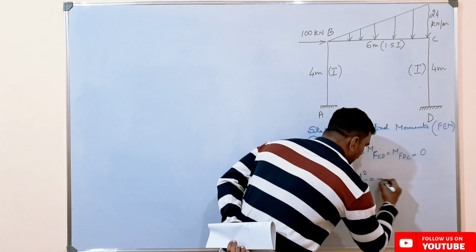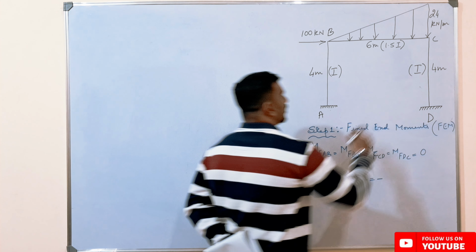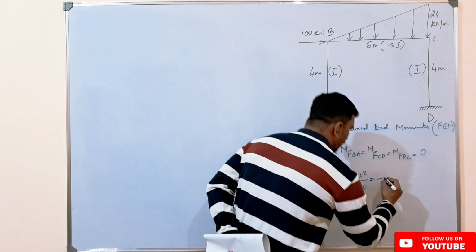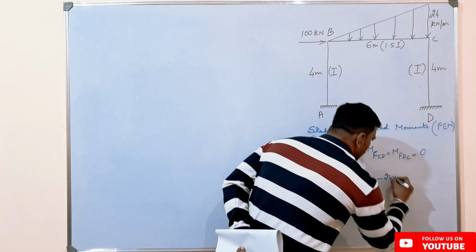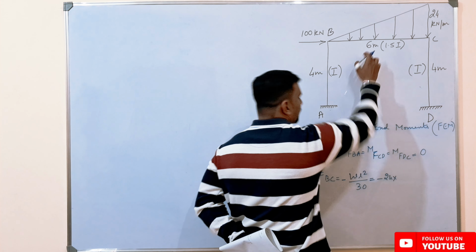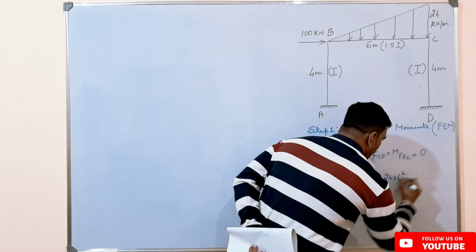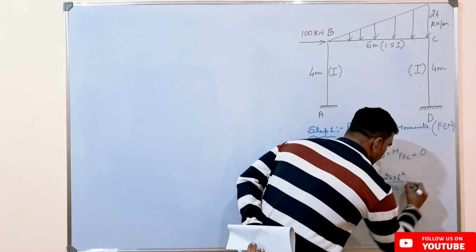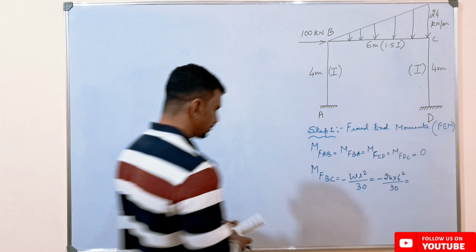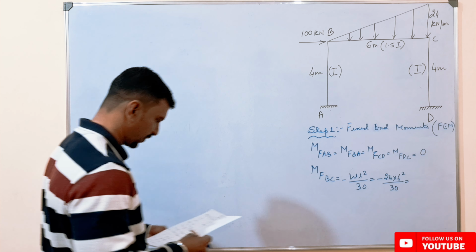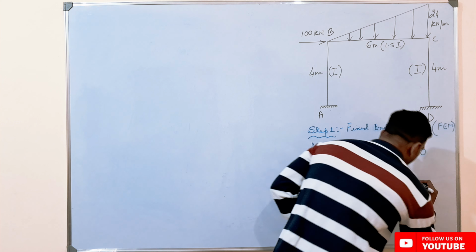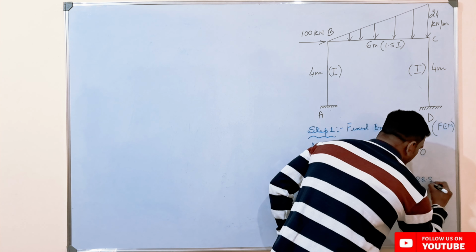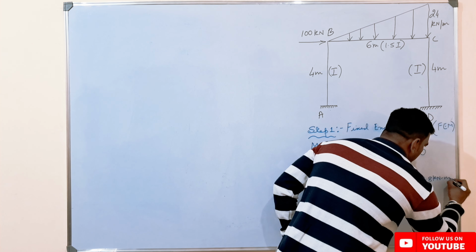So minus 24 into span, we know it is 6 meters, 6 square upon 30. This will be equal to a value of minus 28.8 kilonewton meters.